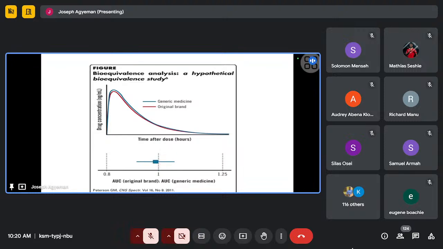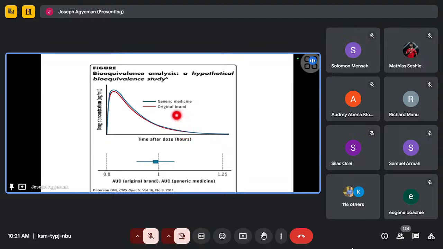So if you test another drug against the innovator brand and it falls within this range, this is your predefined set limit, then you can say that your generic agent is bioequivalent to the brand.